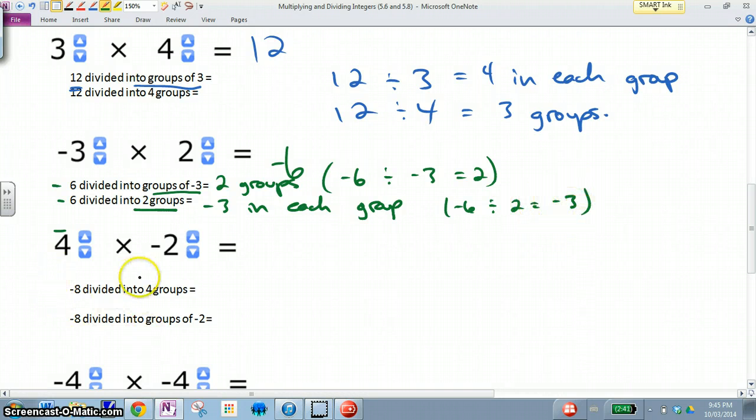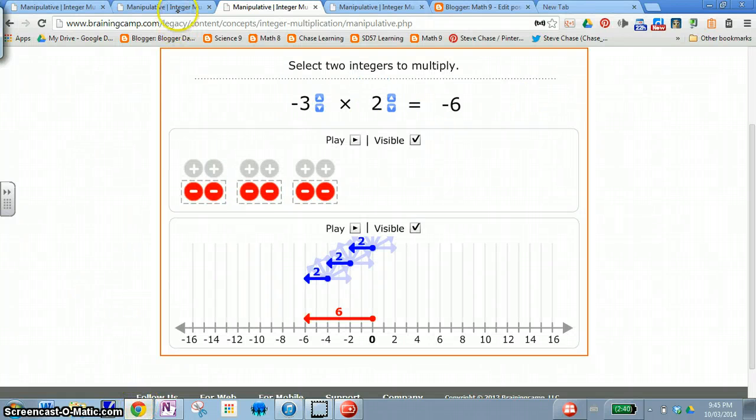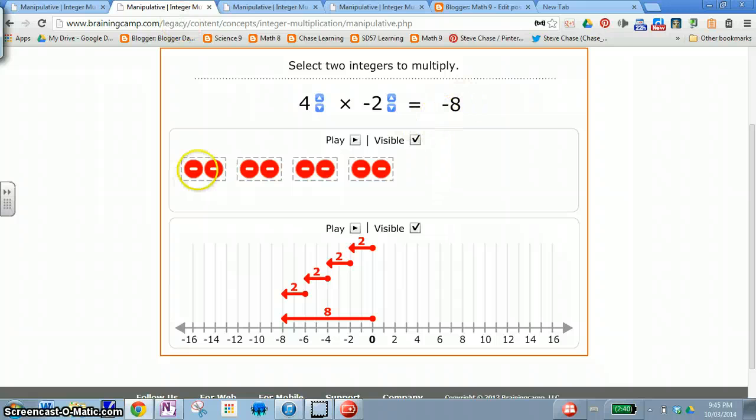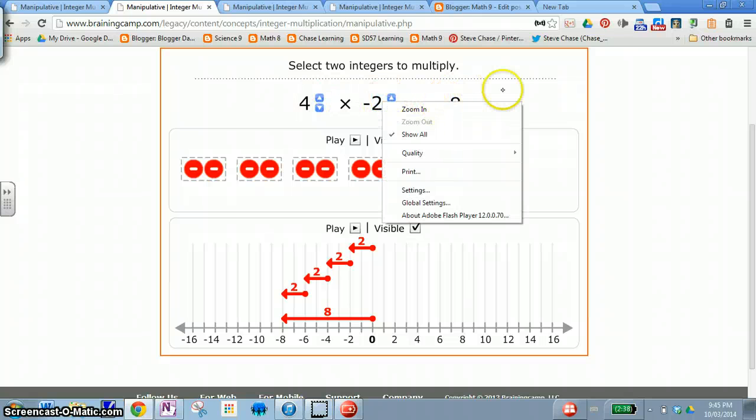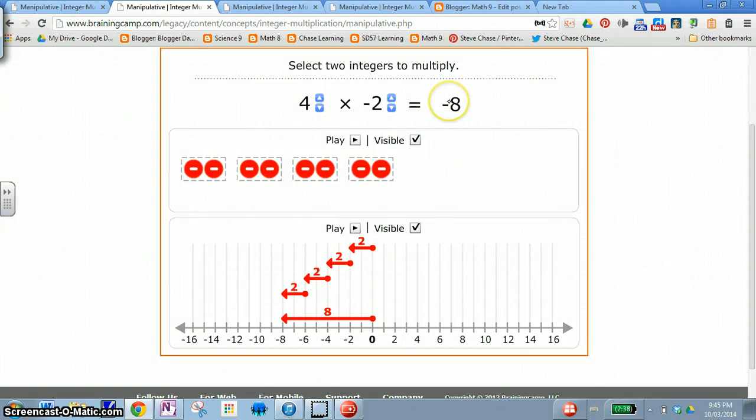In the next one, we had negative 8. We're looking at this multiplication question, and I'm just reversing it. Negative 8 divided into 4 groups, or negative 8 divided into groups of 2. So here's what that looked like. Here's our negative 8 divided into 4 groups. You see there's negative 2 in each group. So negative 8 divided by 4 equals negative 2. Or negative 8 divided into groups of negative 2 equals 4 groups.